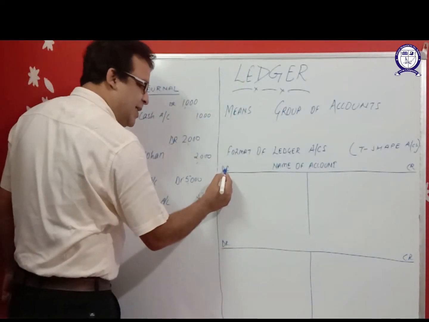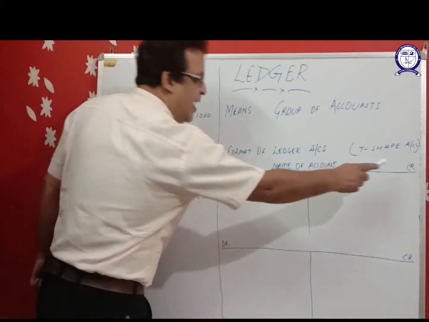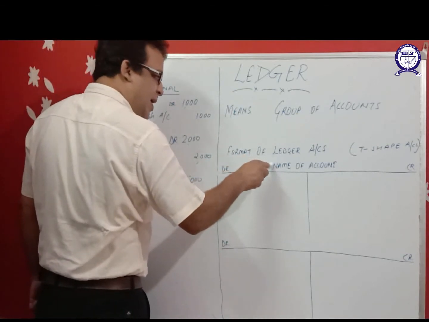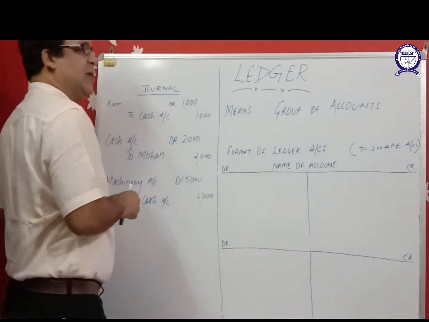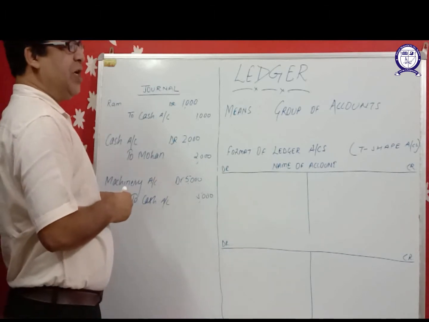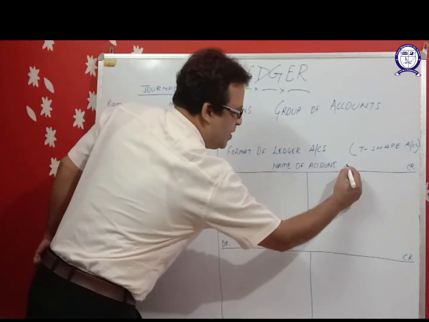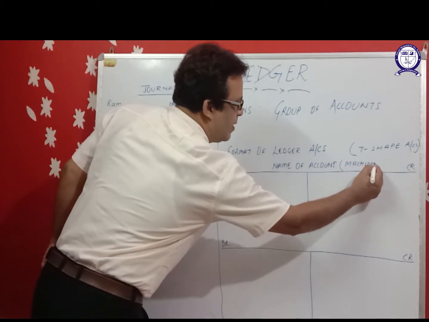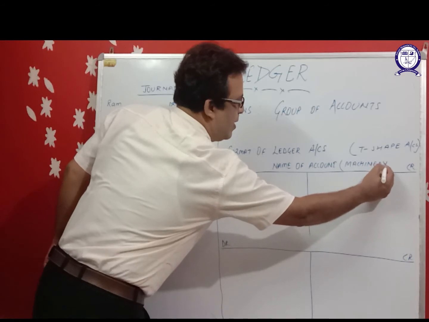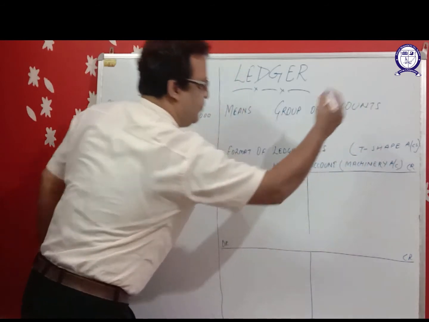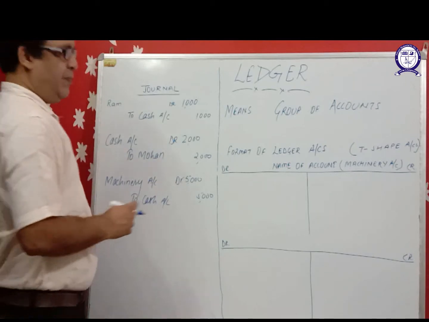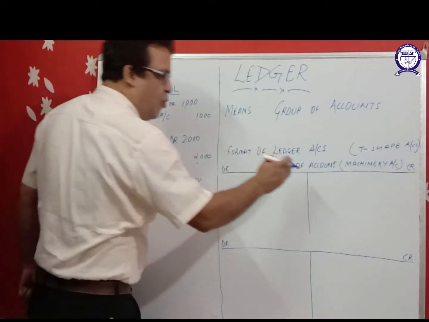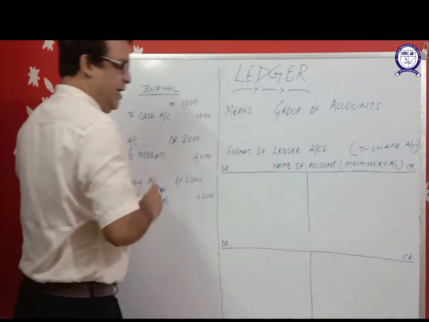Left hand side is called debit side, right hand side is called credit side. We will write the name of the account here. Suppose we are preparing machinery account. We will write here machinery account. Four columns will be prepared on the debit side. Four columns will be prepared on the credit side.